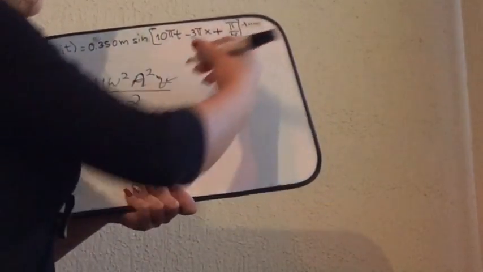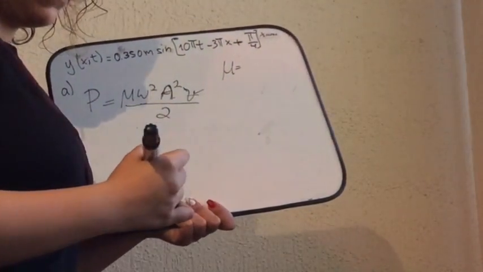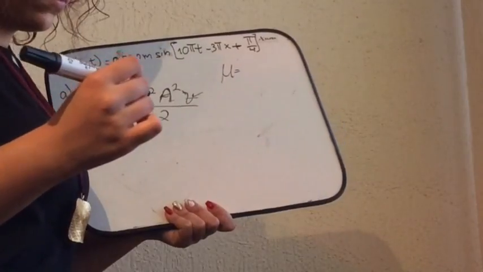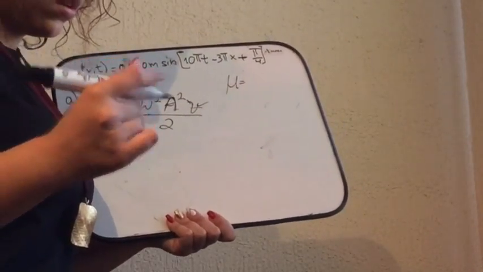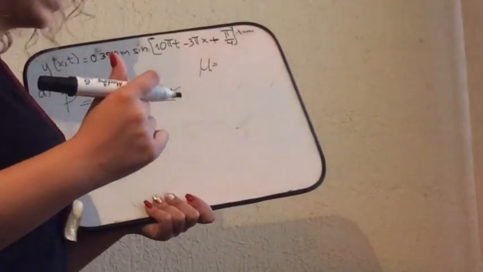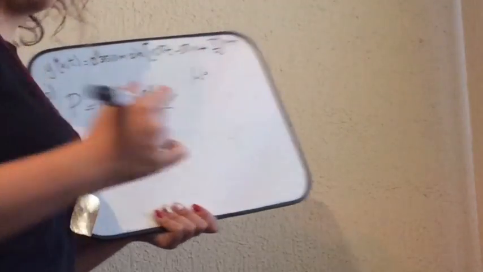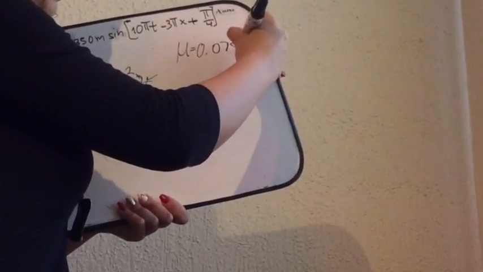So we have mu, as it is the linear mass density, and it is given in grams per meter. So we're going to turn it into kilograms per meter.